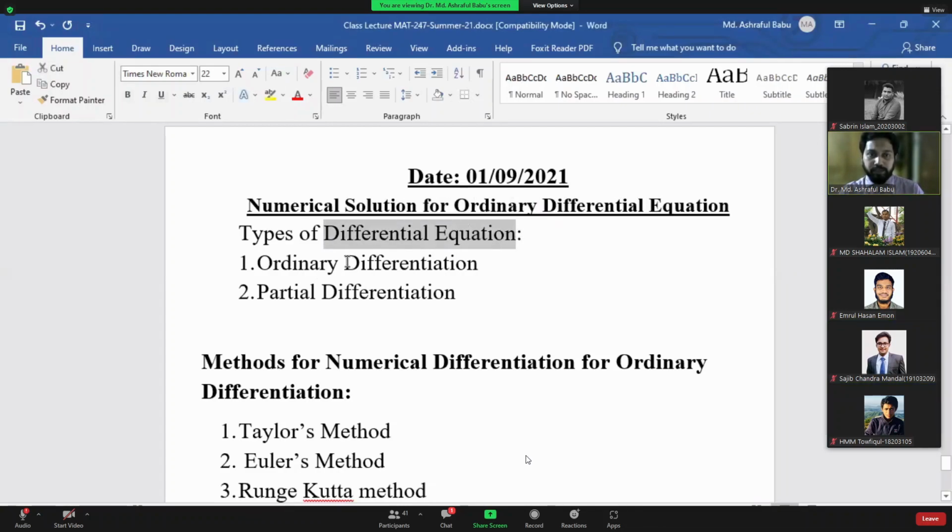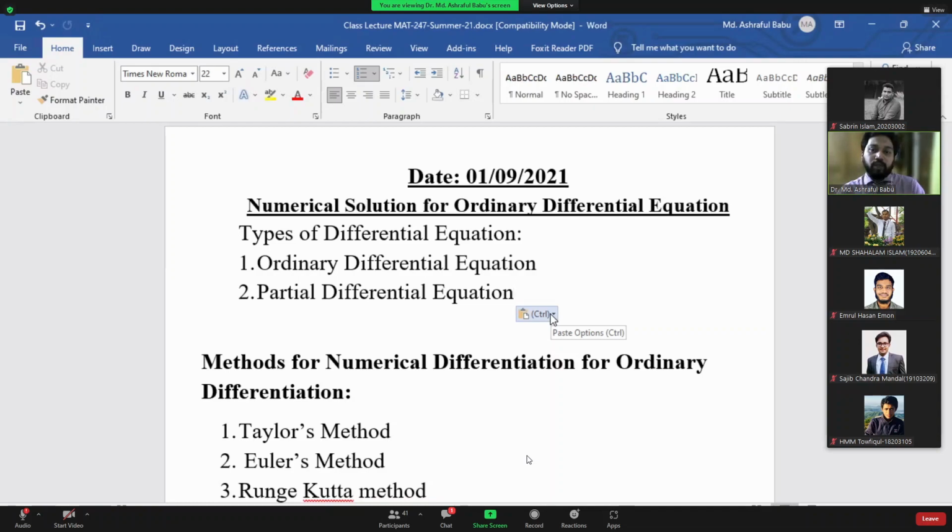So there is a little bit of correction. What we discussed in the last class is actually true for numerical differentiation. There are two types of differentiation: ordinary differentiation and partial differentiation. We already discussed the difference between them in the last class.